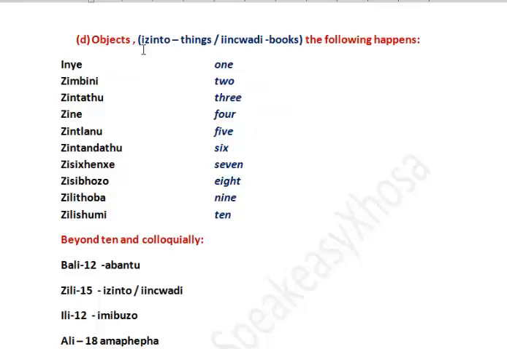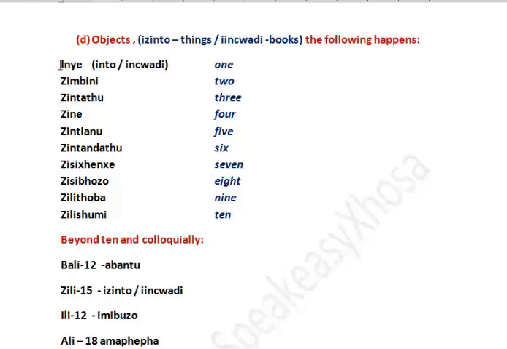Then we look at counting objects, izinto, for example, incwadi. So here we are looking at words which begin with izin or in, or for that matter any word beginning with a double I, because that double I signifies plural and is pronounced E. So izinto and incwadi. Looking at the singular, we have one into or one incwadi.